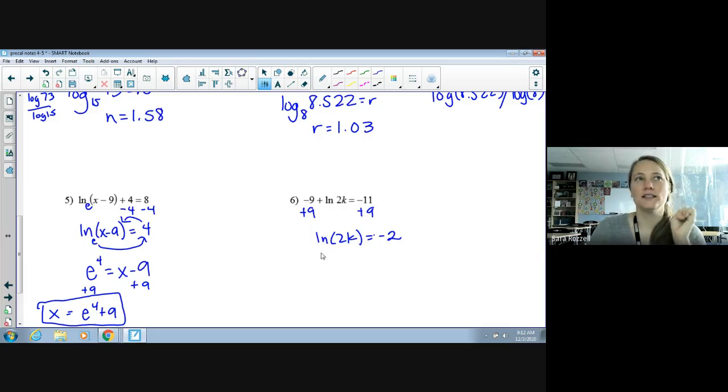So what is our base? E. So it's e to the -2 is going to equal 2k. So we're going to write it like that. e to the -2 is equal to 2k.